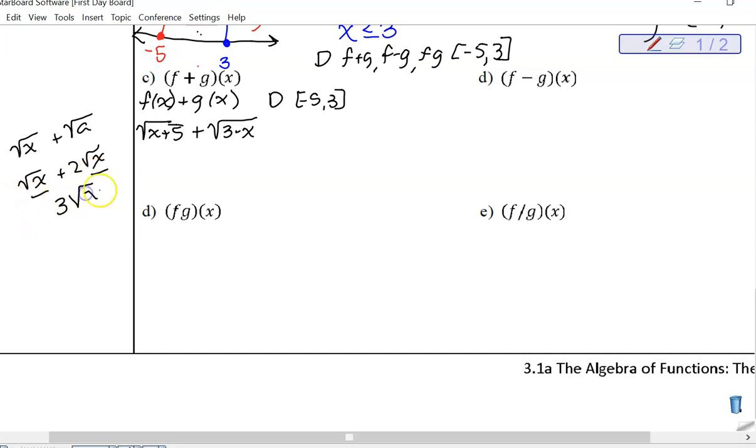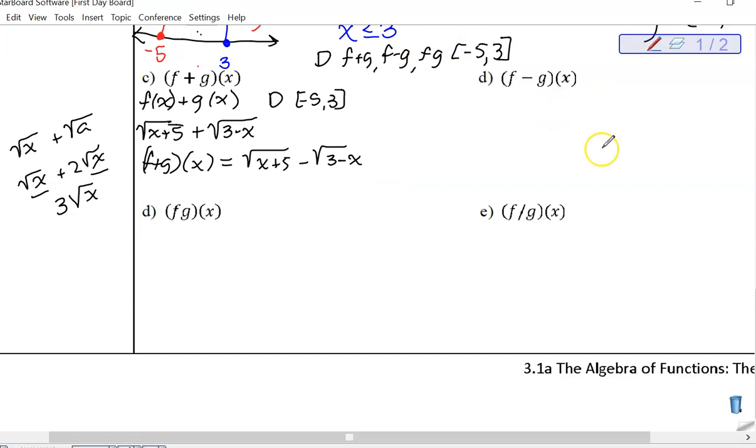That's 3 square roots of x. I can add that. These are not like radicals, and therefore I am done. The f plus g of x is equal to the square root of x plus 5 plus the square root of 3 minus x over our defined domain where the functions are defined.